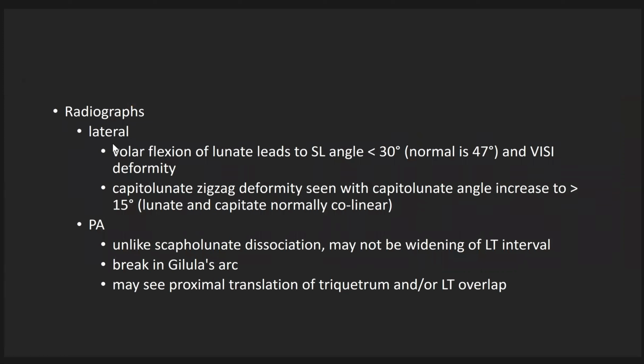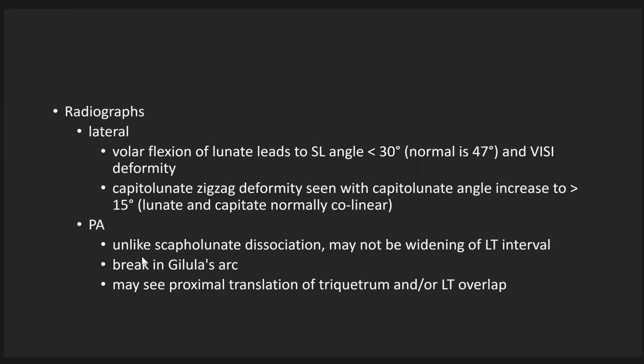In the imaging, we have volar flexion of the lunate leading to a scapholunate angle less than 30, and capitolunate zigzag deformity with an angle less than 30, which can be 15.